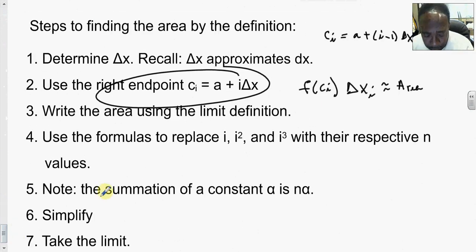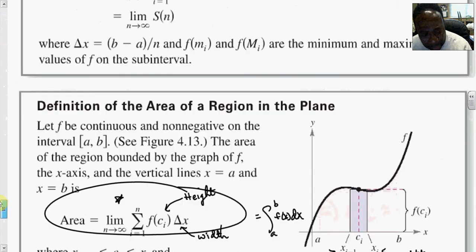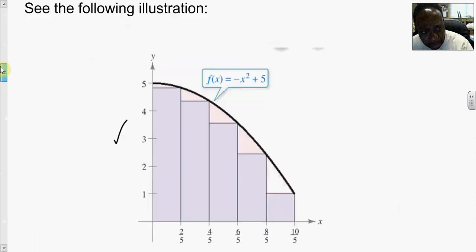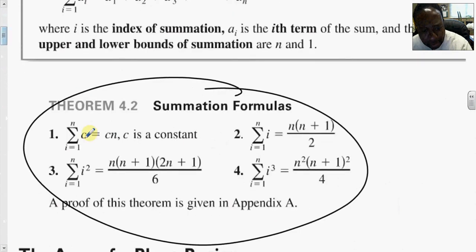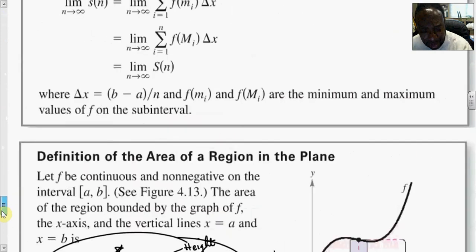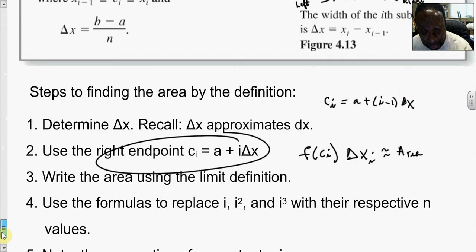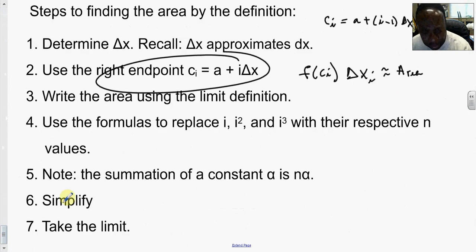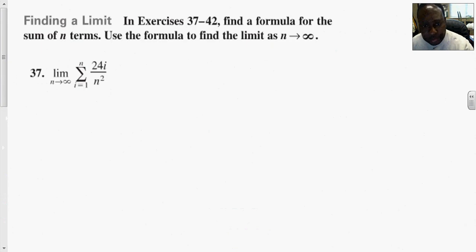Here, the summation, this is a tricky part. The summation of a constant alpha is going to be n times alpha. Where does that come from? That's that summation, that first definition here. So the summation of a number is always going to be n times that number. So that's tricky, but I thought best to put that in there. And the book explains it in a very vague way. Simplify, take the limit.